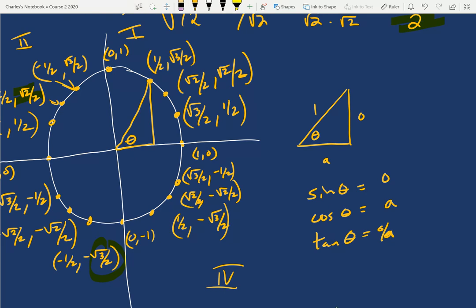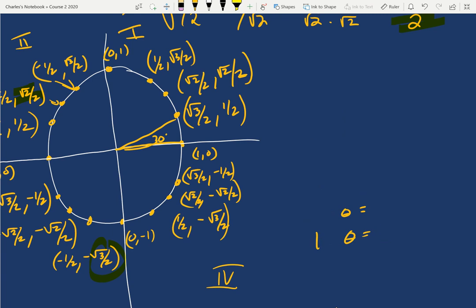So we said that these things are going to be the frequently used angles. So let's say this is 30 degrees. The cosine of that angle is going to equal the x value.